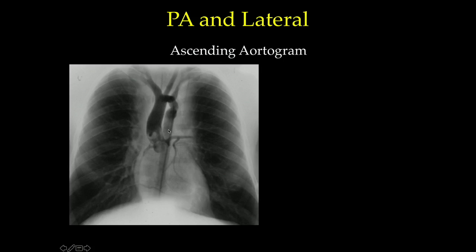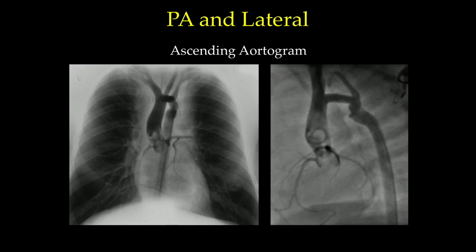So the ascending is just a little bit rightward to the descending. So if we want the lateral camera to go perpendicular, we don't have to bring it very far up to be perpendicular to that, right?